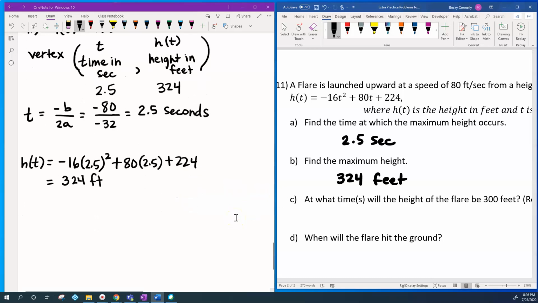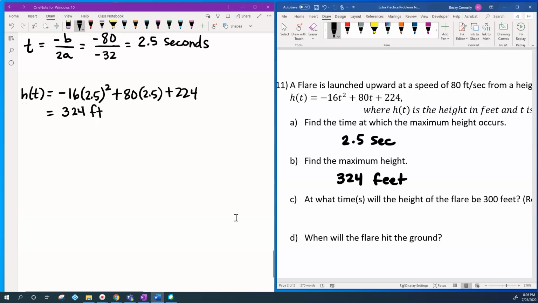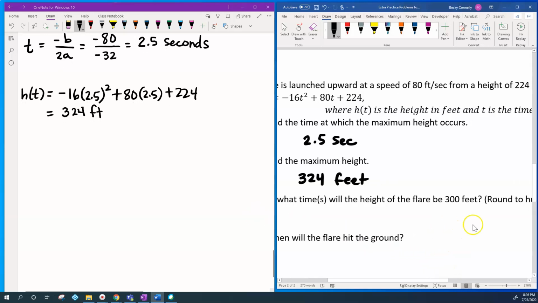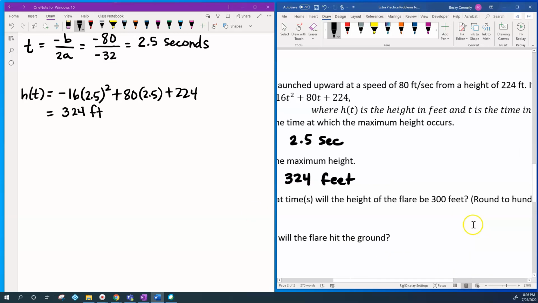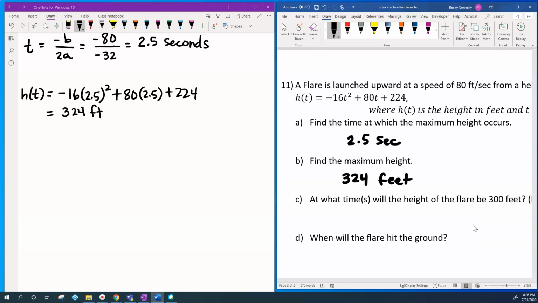Okay, all right, what about part C? At what time or times will the height of the flare be 300 feet? So what are we going to do with this? And round to the nearest hundredth, it also says. Well, it's telling us the height is 300 feet.